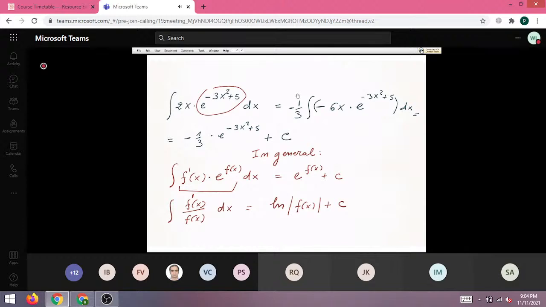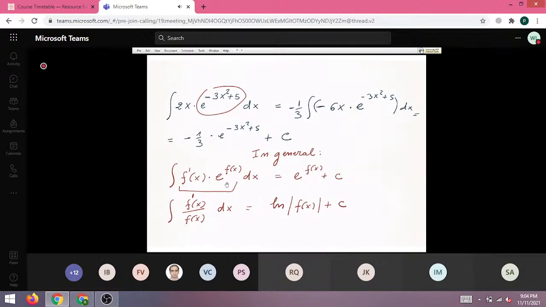Now look at this structure. The integrand is now something like the exponential of f of x times f prime of x. So basically, this is the typical structure of the derivative from the application of the chain rule.